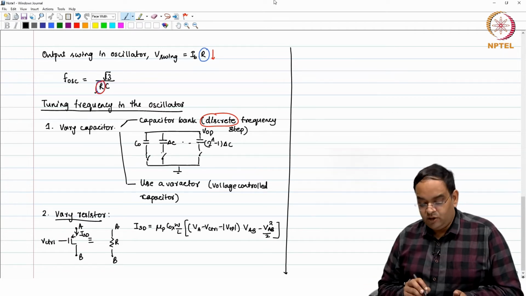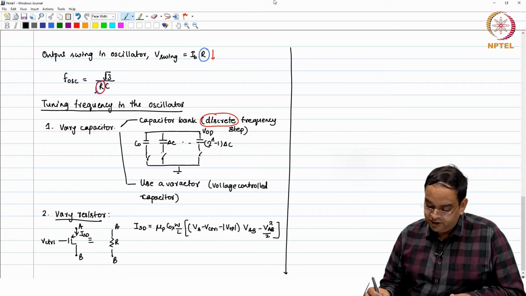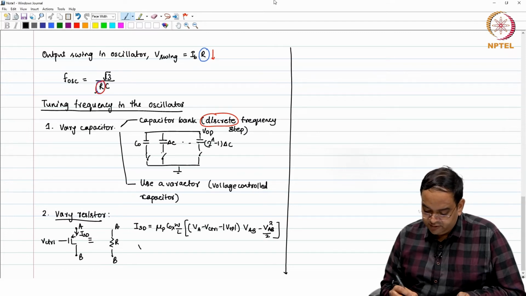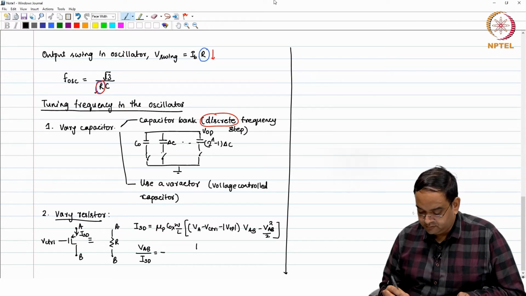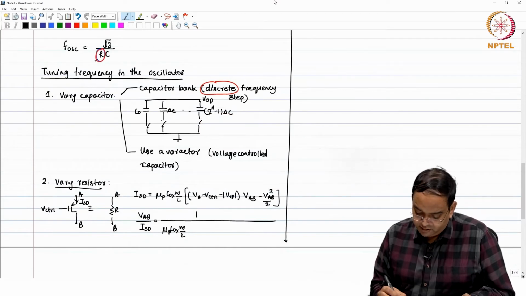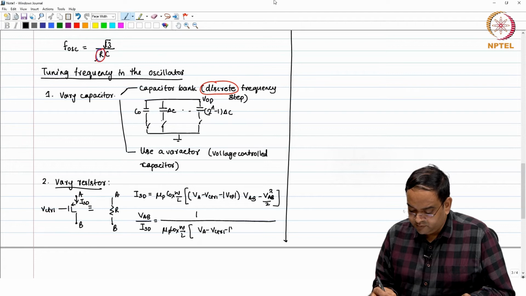So, during the operating point, you can say a DC or equivalent resistance for this particular MOSFET is VAB divided by ISD, which is 1 over mu p Cox W by L into (VA minus V control minus mod VTP minus VAB by 2).